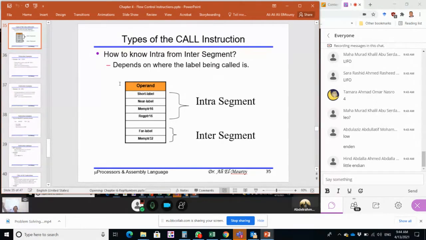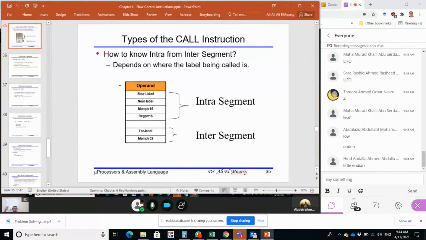That means the addresses with the low address will take the low byte of the IP, then the high byte of the IP, and then the high order 2 bytes will take the low byte of the CS and the high byte of the CS, if I'm using the little endian order to push the IP and the CS inside the stack. By the way, this is for the far jump or the far call, and also for the near.